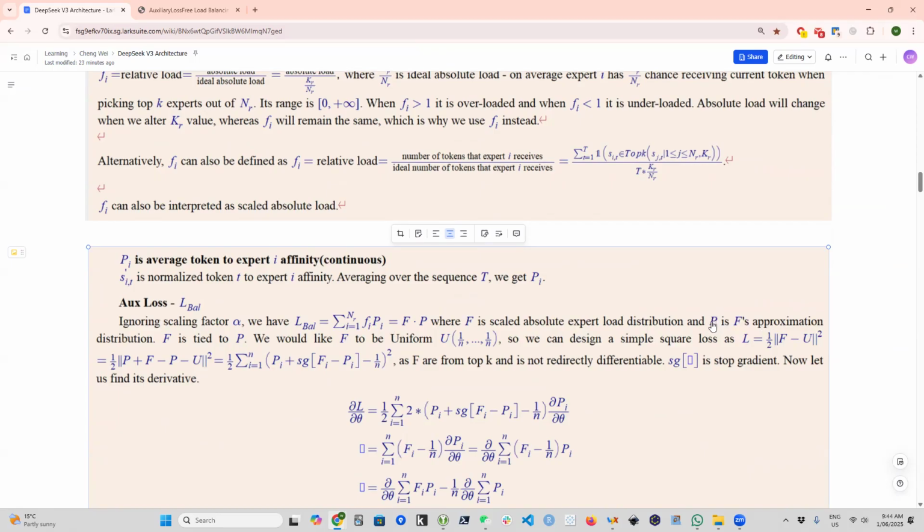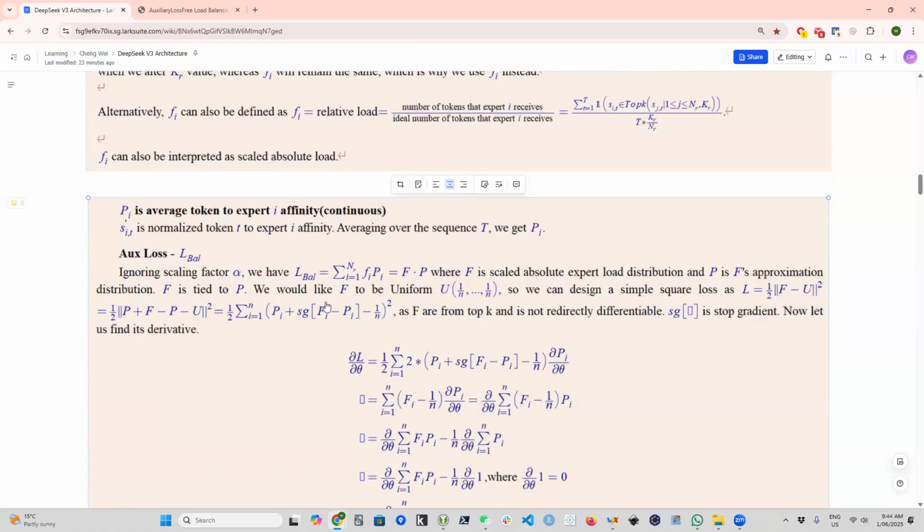So this one is the continuous version. This one is the discrete version, right? But they are somehow connected together underneath. So F is tied to P. What we would like is for F to be uniform. If F is uniform, then all the routed experts are balanced.